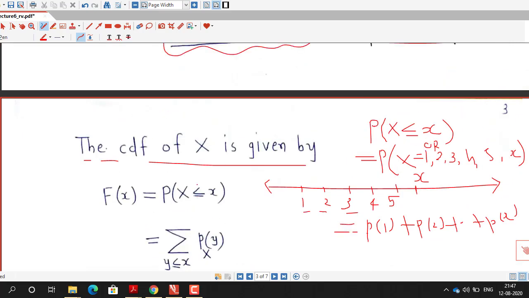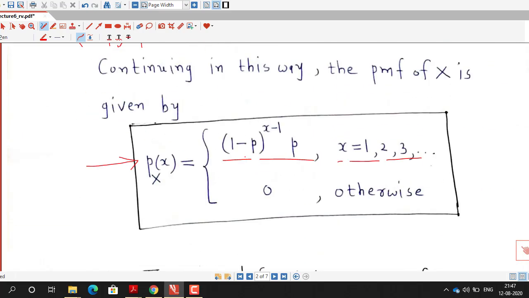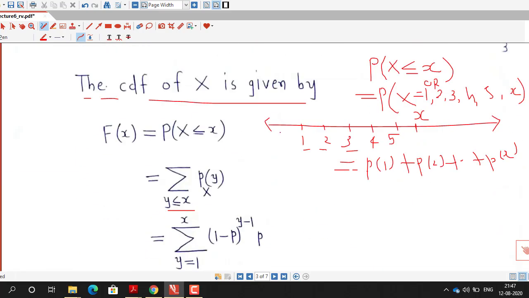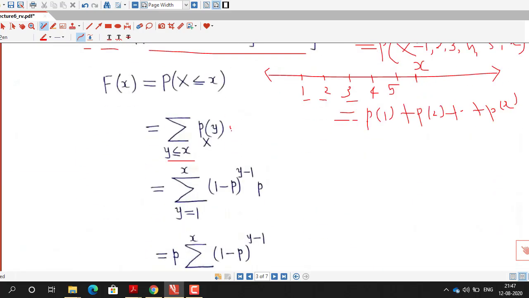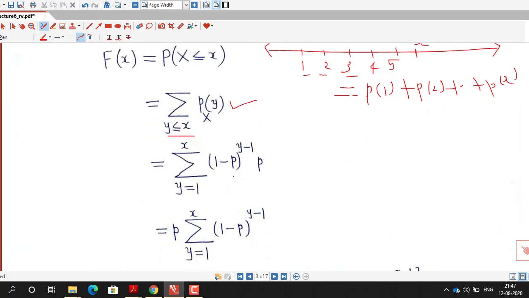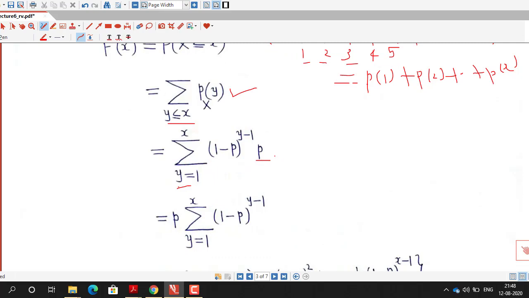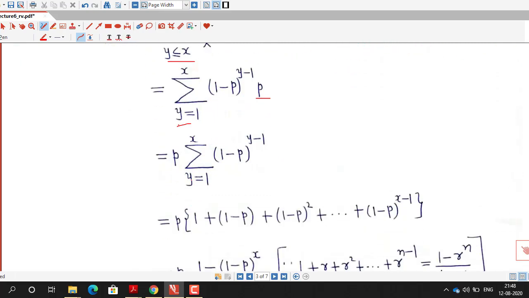Now our function is p of x is (1 minus p) raised to x minus 1 into p, and we are interested in p of y, so instead of x we will write y. So we put the value of p of y, it is (1 minus p) raised to y minus 1 into p. Now the variable of summation is y, so we can take this small p outside the summation because it is independent of y. So we are taking this small p outside the summation in the next step.